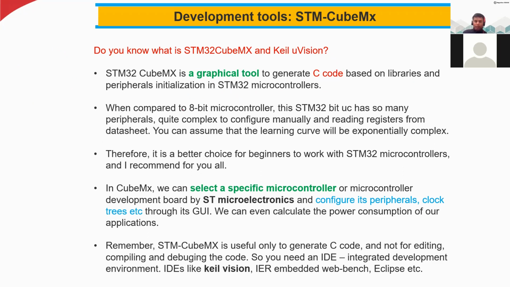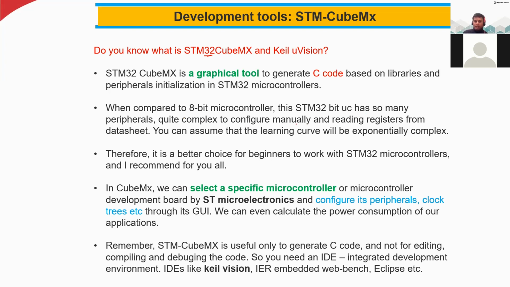Compared to an 8-bit microcontroller, remember this is a 32-bit microcontroller. This STM32 microcontroller has so many peripherals. Of course, it's quite complex to configure manually. So that's why we have to use this graphical tool to do the configuration.